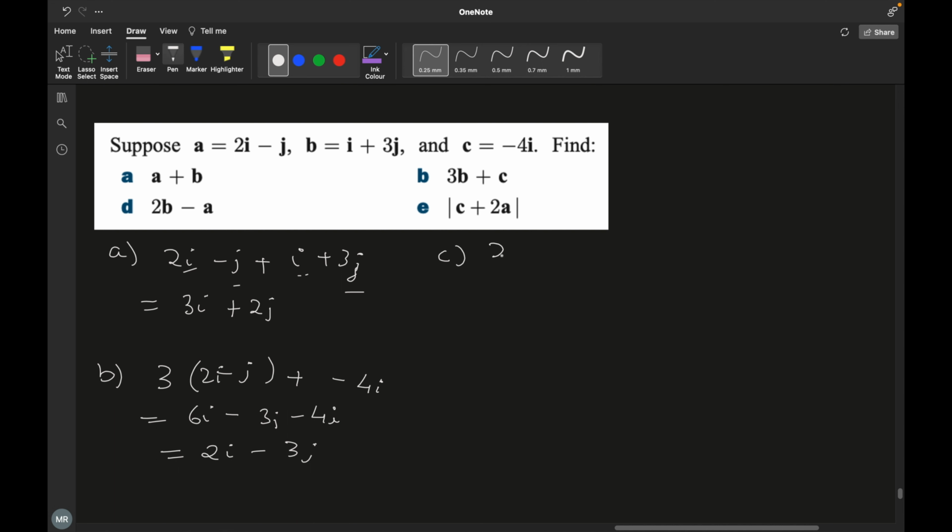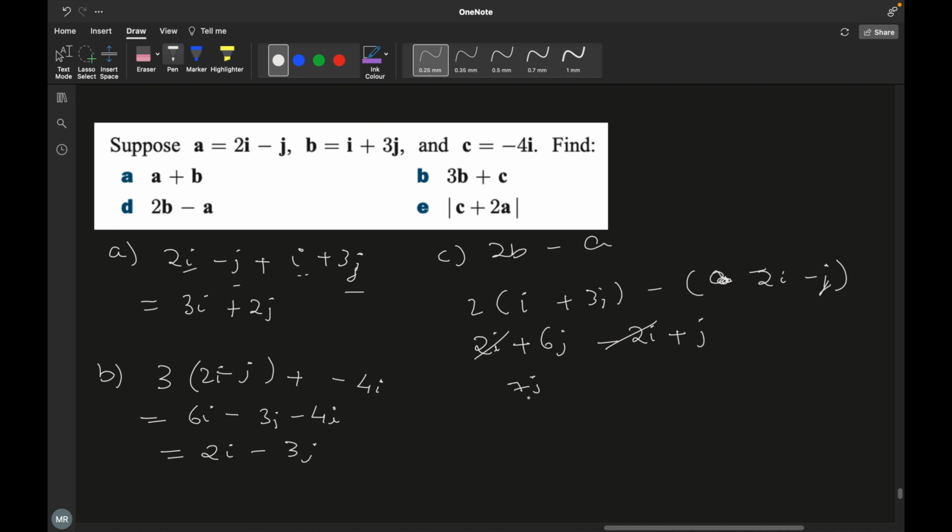Let's look at C. 2B minus A. 2 into i plus 3j minus of A, which is 2i minus j. It's going to give us 2i plus 6j minus 2i plus j. These get cancelled, and we're left with 7j.